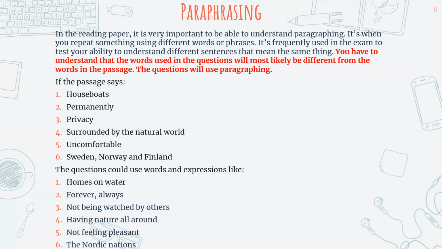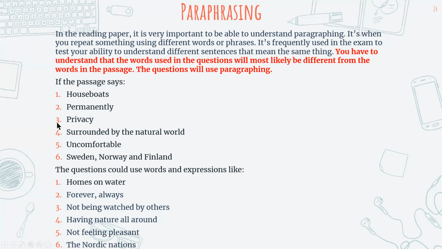For example, if the passage says houseboats, the questions could use words and expressions like homes on water, because houseboats are actually homes on water. Okay. If the passage says permanently, you could find something in the question that says forever or always.